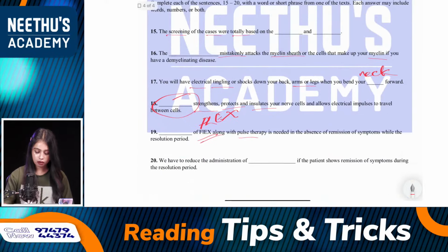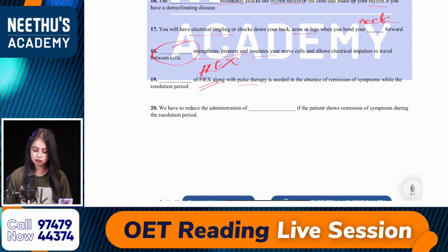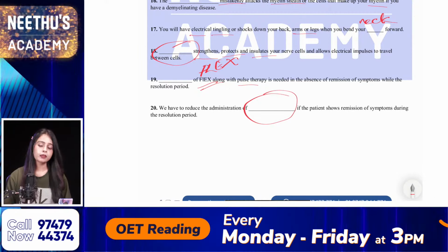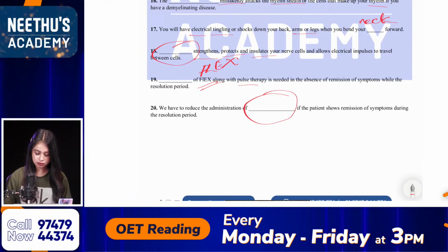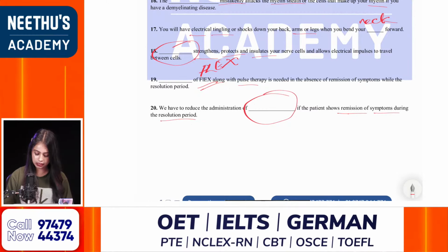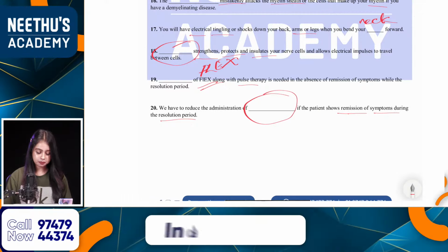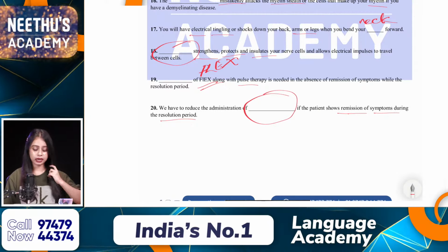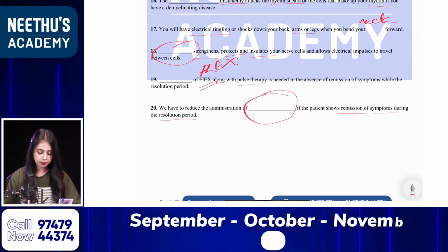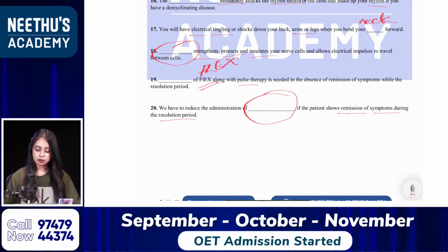And the last question: we have to reduce the administration of dash if the patient shows remission of symptoms during the resolution period. So what is it? Remission, symptoms and the resolution period. Yes, Papadi, it's not 7 days, dear, it's 7 to 10 sessions, right? So what about question number 20?